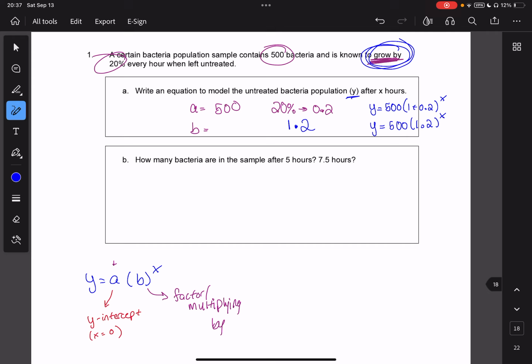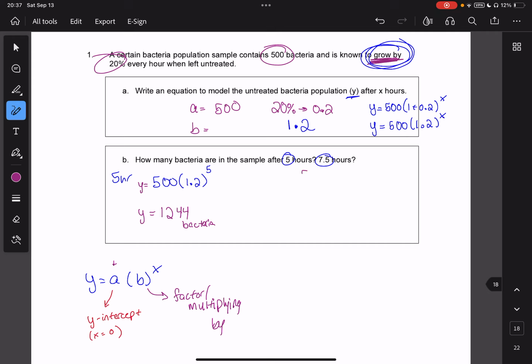So how many bacteria are in the sample after 5 hours? And then 7.5 hours. So in 5 hours, we just plug in 5. 500 times 1.2 to the 5th power. And what do we get when you put that in your calculator? Y is equal to 1,244. And our units are bacteria.